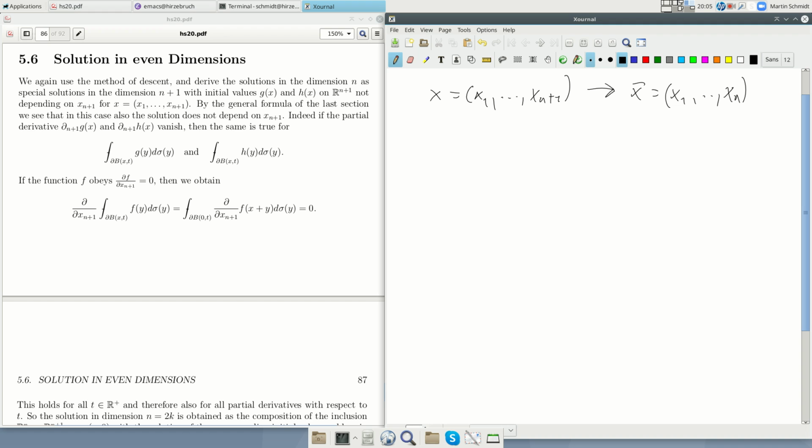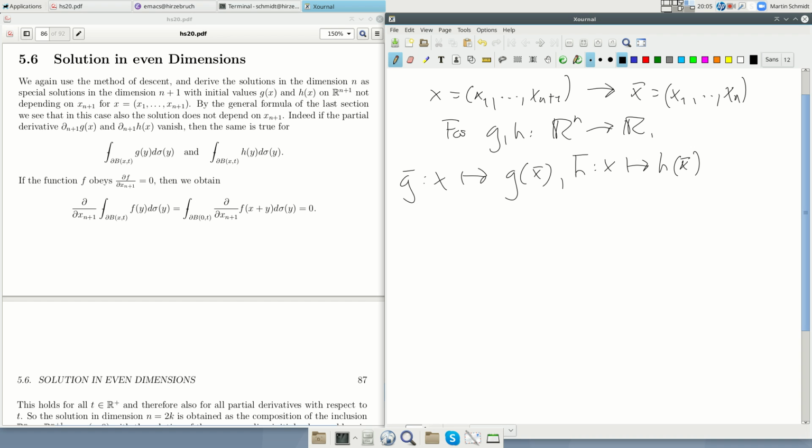Then, for g and h, functions on R^n going to R, we have maps x going to g of x bar and x going to h of x bar. We call these g bar and h bar.